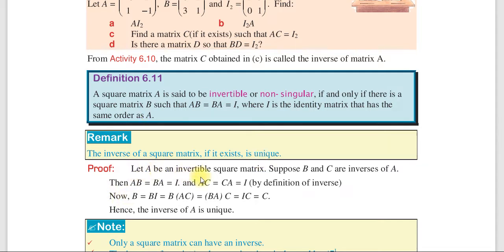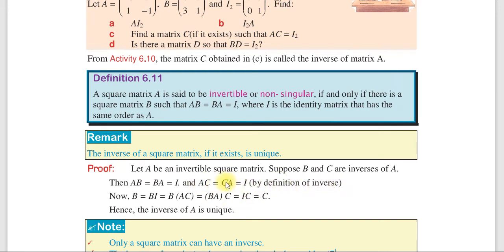Proof: let A be an invertible square matrix, and suppose B and C are inverses of A. Then AB equals BA equals I, and AC equals CA equals I, by the definition of inverse.